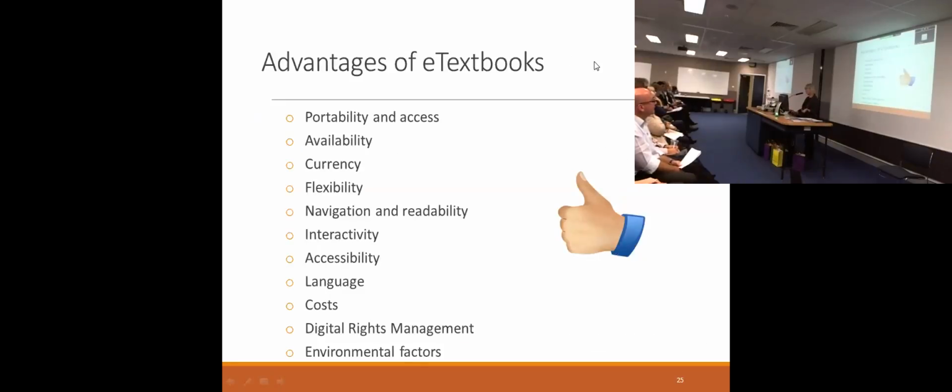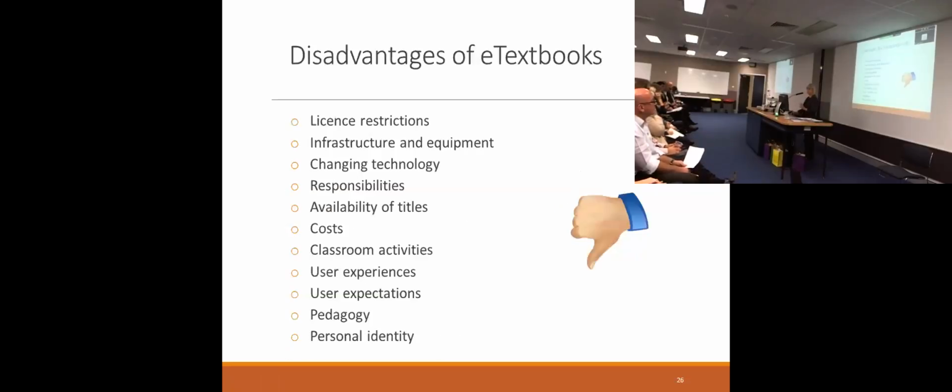There are plenty of advantages for eTextbooks, so your portability of access, availability, currency, etc. All of those, many advantages. But also there are some disadvantages, which is normally just the flip side. What's good for some people is bad for the others, and so that all comes in.